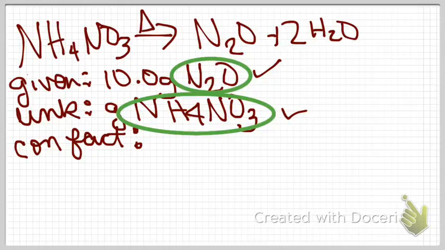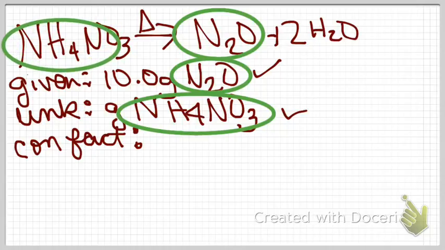We're going to go right back to the N2O in our balanced equation right there, and then the NH4NO3, ammonium nitrate, is right here. In front of each of these, the balanced equation has ones. There's no coefficient in front; it is an understood one.